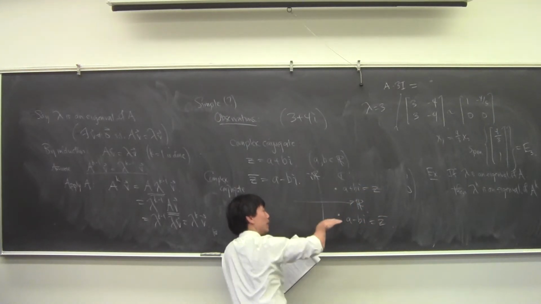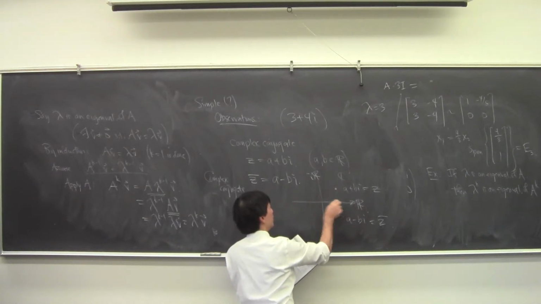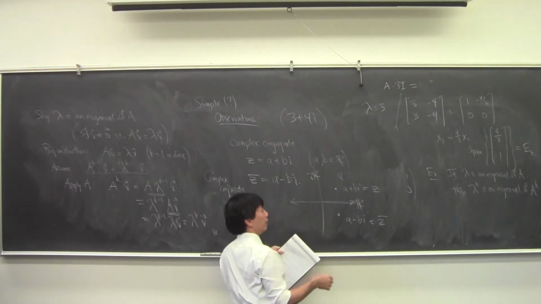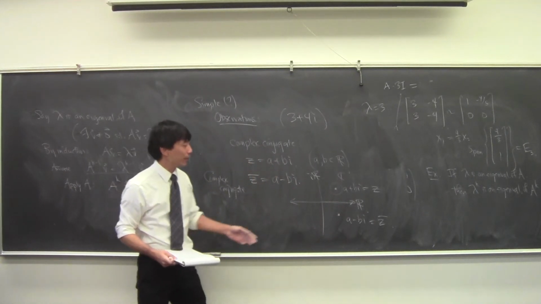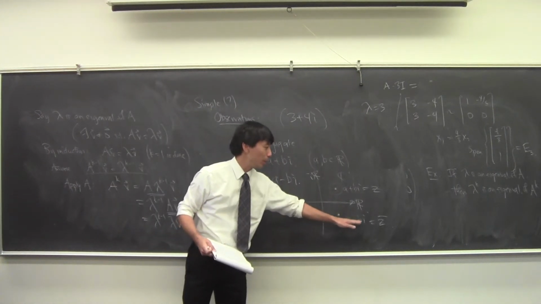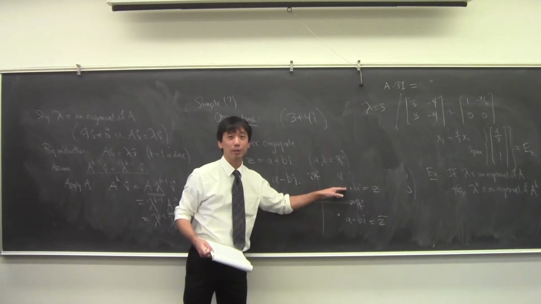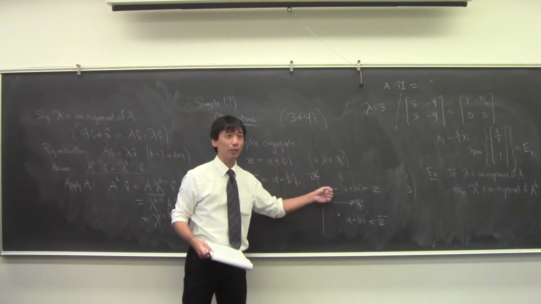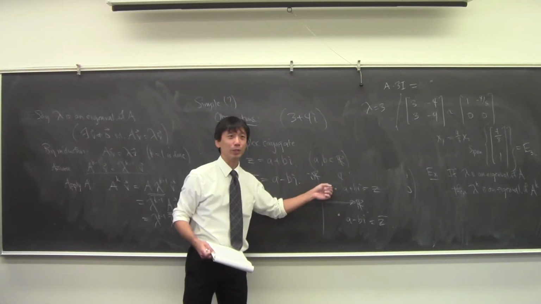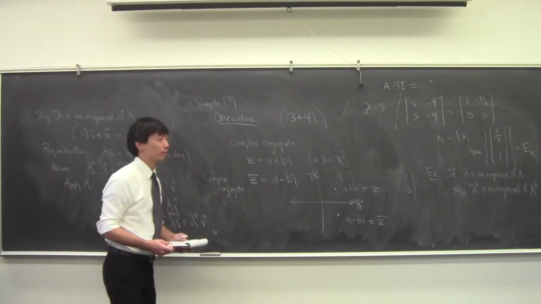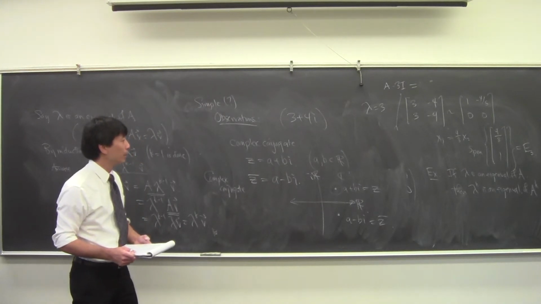So it's the reflection across the real line of the point. And if I took the complex conjugate of z bar, I would flip back to z, the original point. Yeah, Jake.